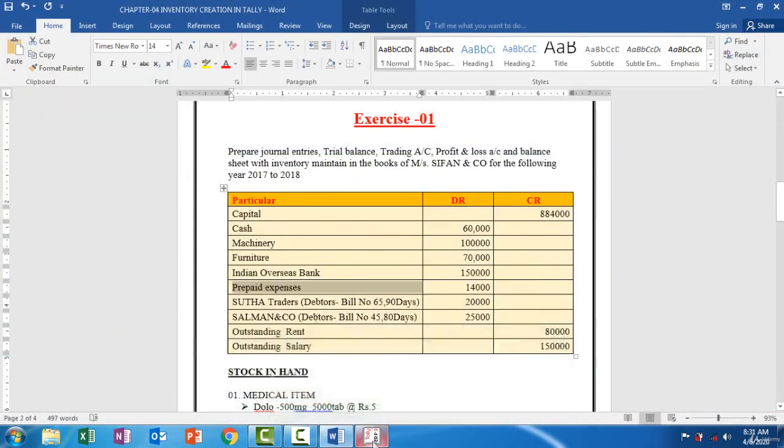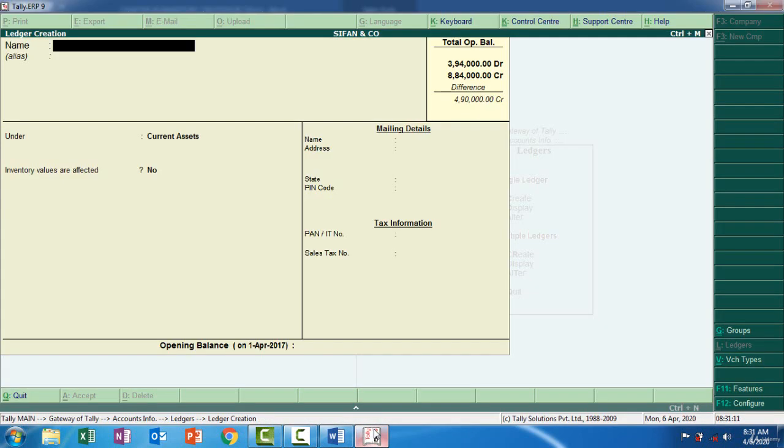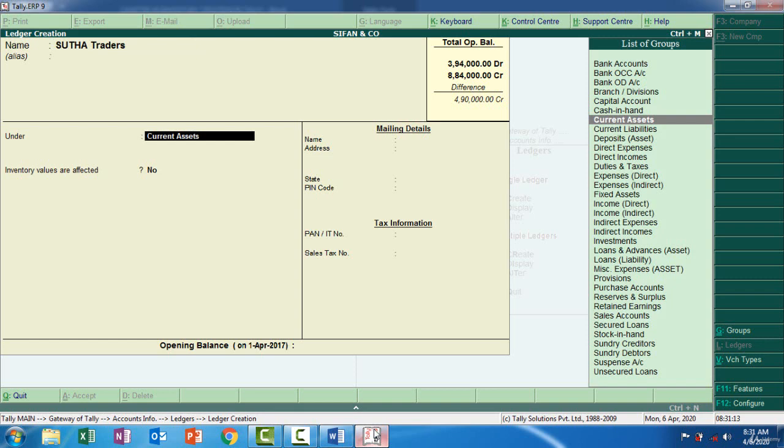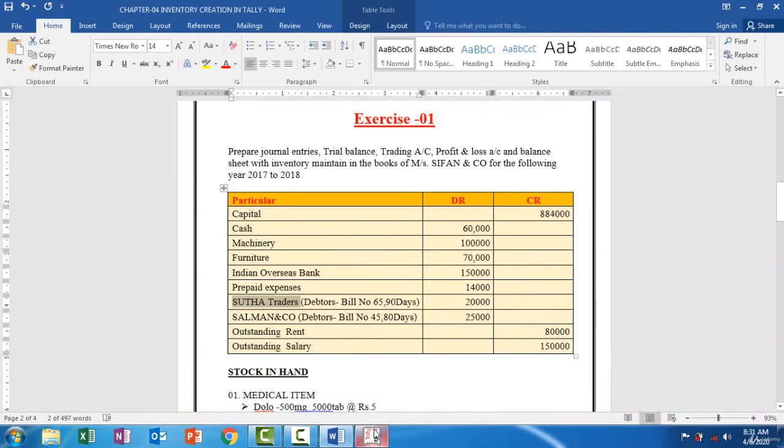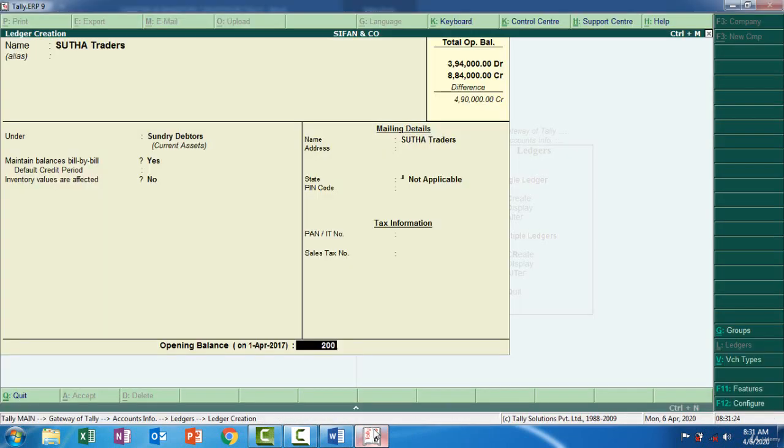Then the next one is Sudha Traders. He is a debtor. So I'm going to enter Sudha Traders. Sudha Traders is a sundry debtor. So I'm going to choose sundry debtors, and the amount is how much? 20,000.